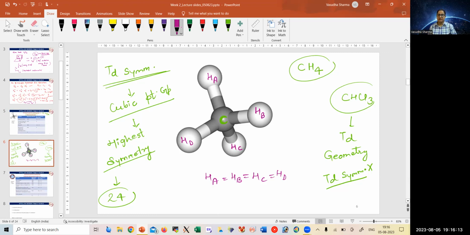So if you will see here, how many vertices do we have? To define the number of symmetry elements, we need to understand what kind of symmetry it has, which is related to the geometry also. Here, the vertices are 4 in number. Vertices are nothing but the corners. I'll draw it this way.